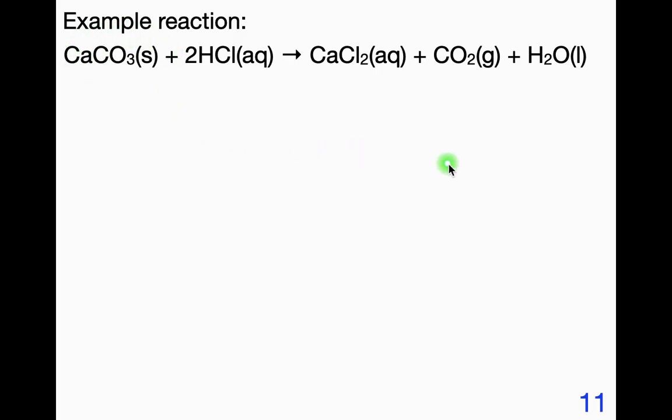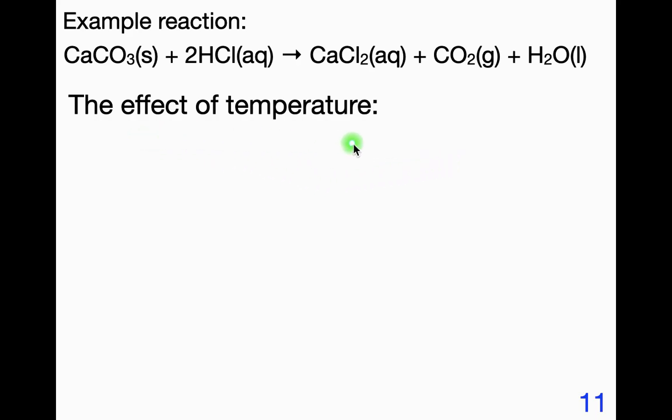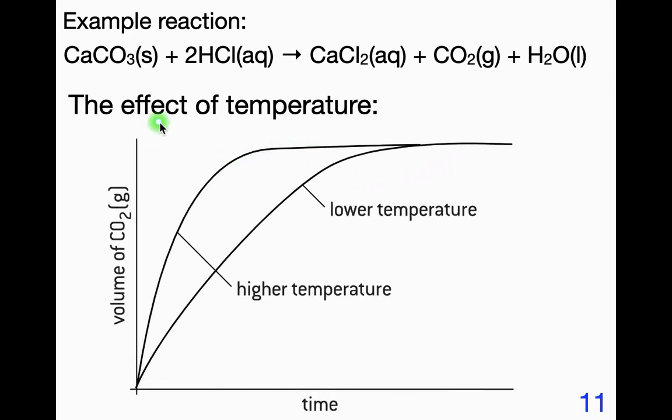Let's first look at temperature, the effect of temperature. Now, the plot that you're looking at here is the volume of carbon dioxide gas versus time as time goes by. And for each one of these variations, you'll see two plots representing two different variations of a particular condition. So this line represents the lower temperature, and this line represents a higher temperature.